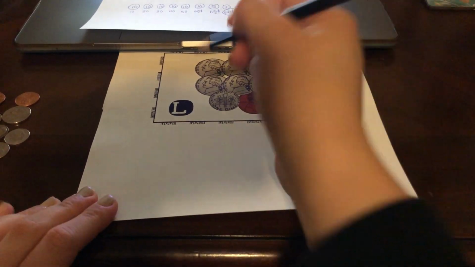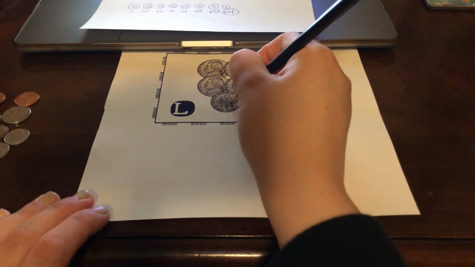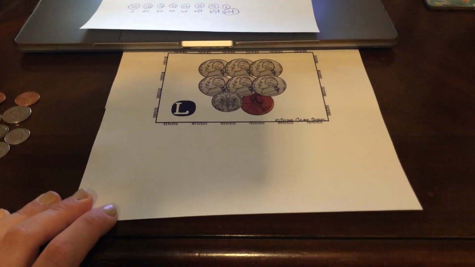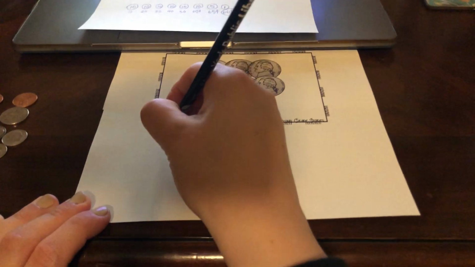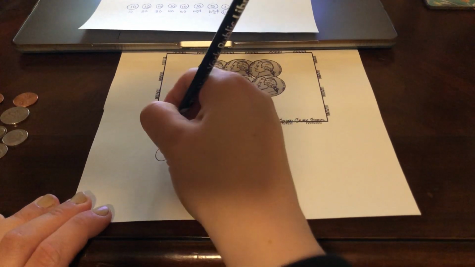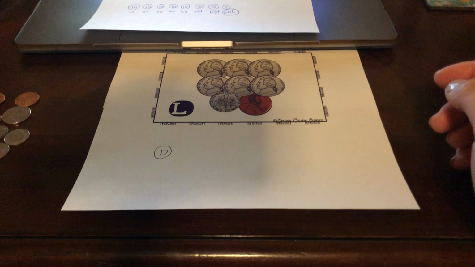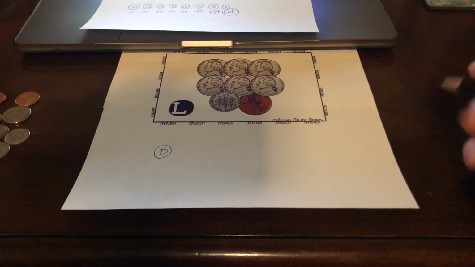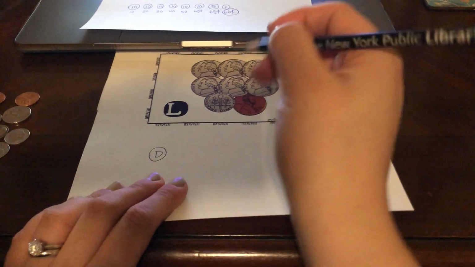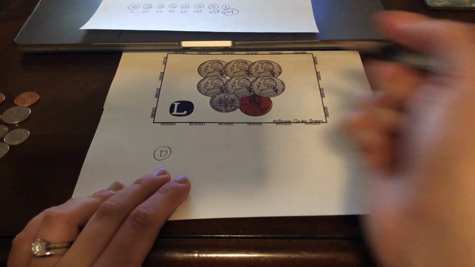So I'm going to start off by recording my dime because that is the largest amount that I have. I'm going to put a circle with a D in it this time to represent dime. Again, you could put 10 in it to represent 10 cents or D to represent dime, whatever works best for you.